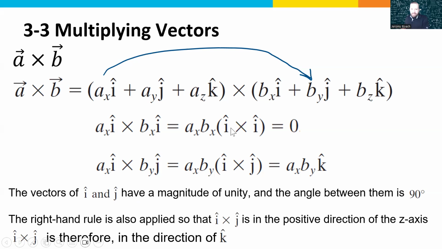When we get ax i hat times by j hat, now we have the ax component times the by component, and we have i hat cross j hat, I should say more specifically. And that makes k hat. So when we have i hat cross j hat, that leaves us with a k hat.